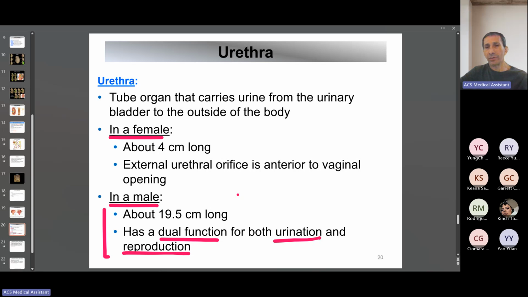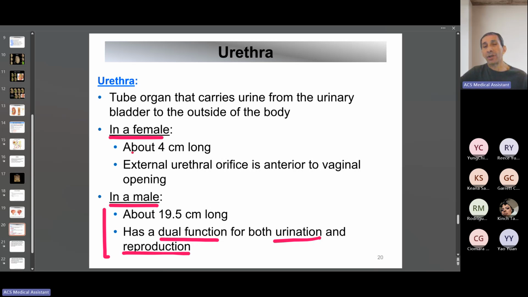Anything else doesn't go through that. Reproduction is not through the urethra. So those are very important points, that the physical structures of the males and females make the whole difference, particularly when it comes to infections of the urinary tract.